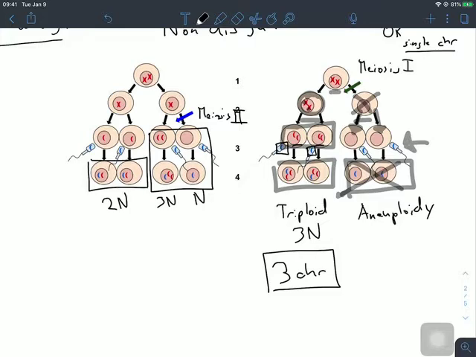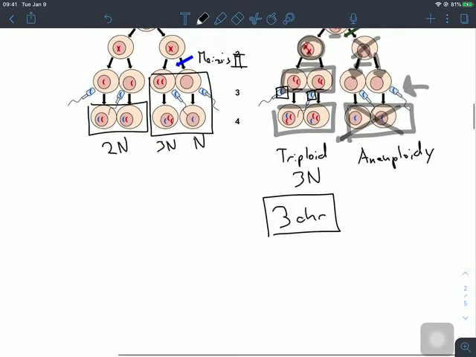In all other cases, these zygotes would be aborted. They would not be carried to full term. And in the 3 cases where that triploidy or aneuploidy is tolerated, you do get developmental defects.